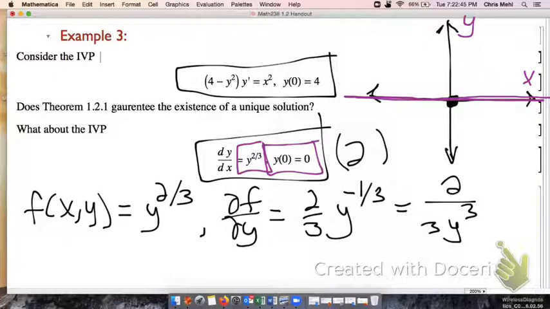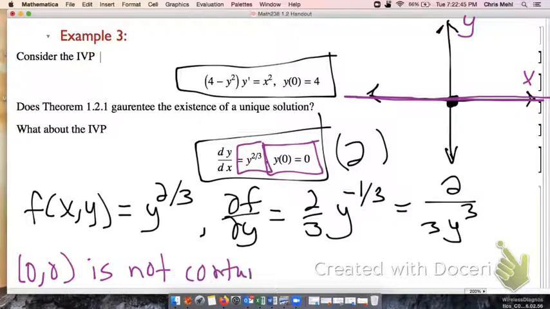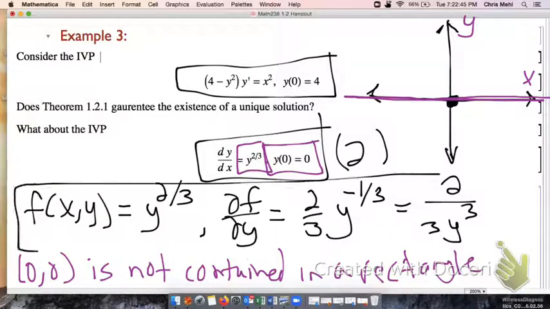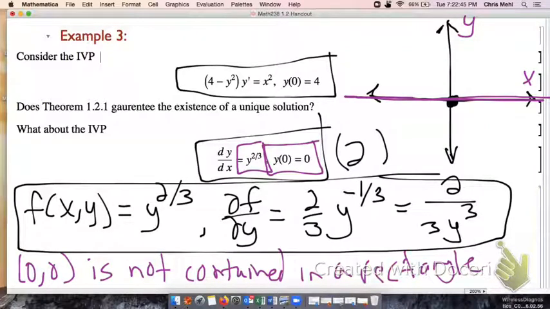That point is not contained in a rectangle on which they are defined. I can't write this next part because I'm out of room, but hear me: (0, 0), the point coming from your initial condition, needs to be contained in a rectangle, and inside that rectangle, f and partial f partial y need to be continuous, i.e. in this case defined.